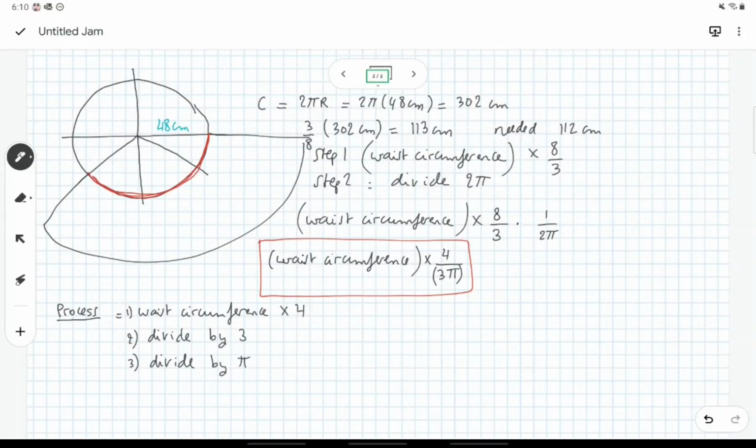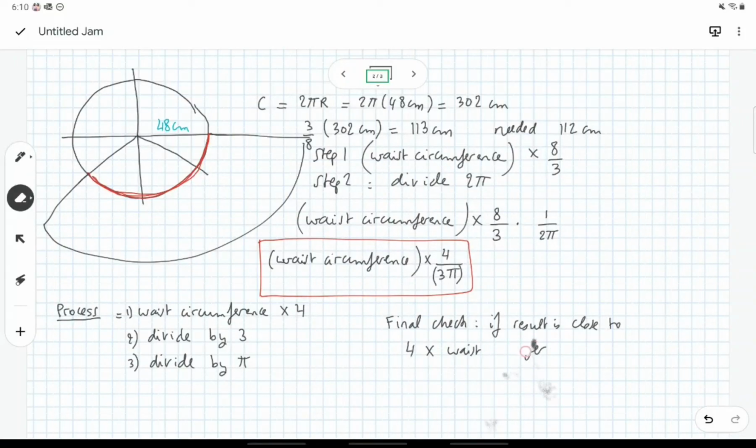If you do it this way, you're going to get the right answer. And just because I'm really paranoid, do a final check. If the result is close to 4 times the waist circumference, try it again. It means you forgot a pesky parenthesis and you ended up multiplying by pi instead of dividing.